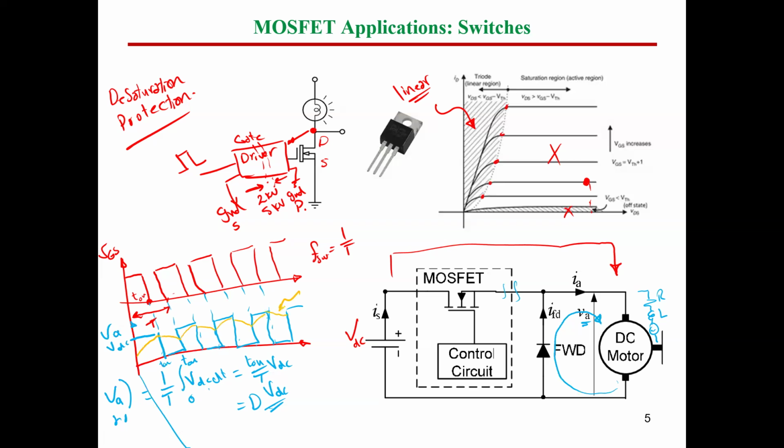So this is IA, the armature current of this motor. Okay, guys, for that, the freewheeling diode in this circuit is very important. Otherwise, it may burn the motor or any other element connected to that inductance. Okay, so this is one of the important applications, guys.